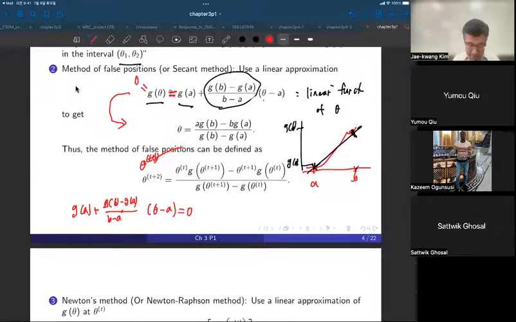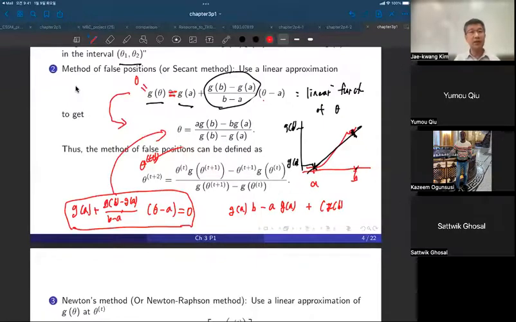Then you simplify. Basically you solve this for zeta, and then you get this one. So it's not really complicated.